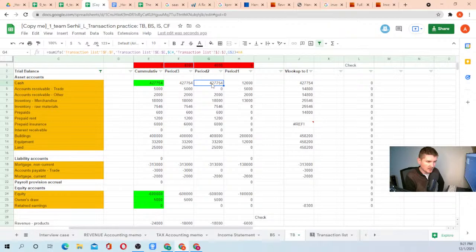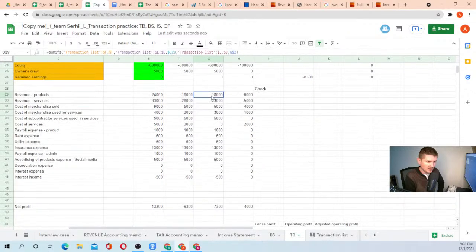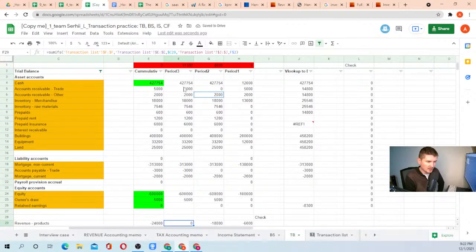For the balance sheet and for the income statement, period 2 is totally separate from period 1. Okay, so what do we have here? Okay, it shouldn't be here. Your question is well timed, Svetlana. For the income statement, we shouldn't include what?